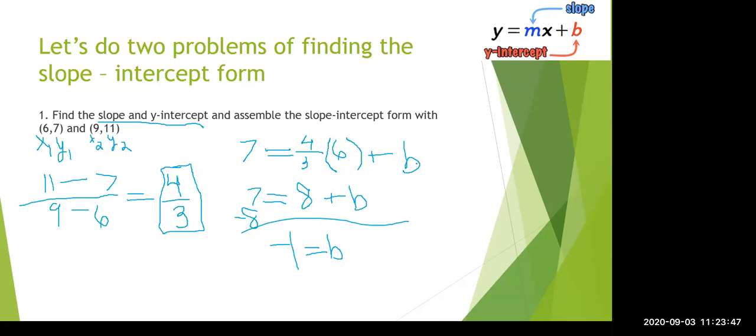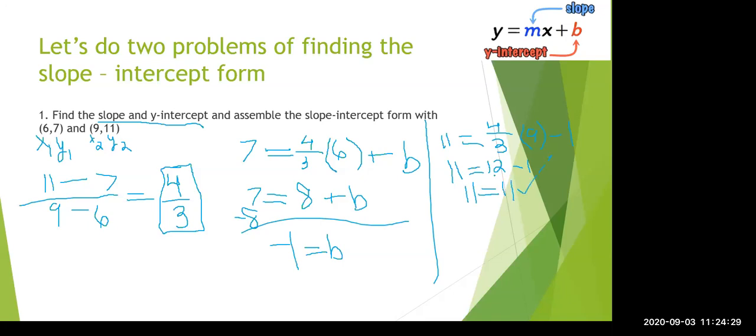So right here, 11 equals 4/3 times 9, which is the x-coordinate, minus 1. So now 11 equals 9 times 4 equals 36 divided by 3, which is 12. 12 minus 1 is equal to 11. So 11 equals 12 minus 1.